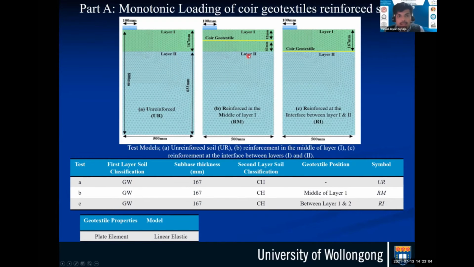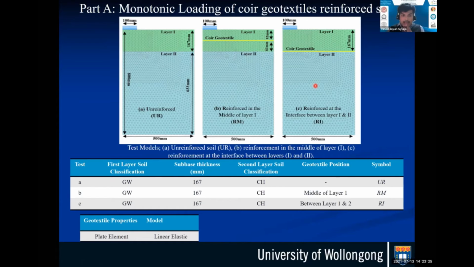In the second condition, we have a coir geotextile going at the middle of the sub base layer. In the third condition, we put it at the interface between layer 1 and layer 2. These are the three configurations that we have looked at in our model.